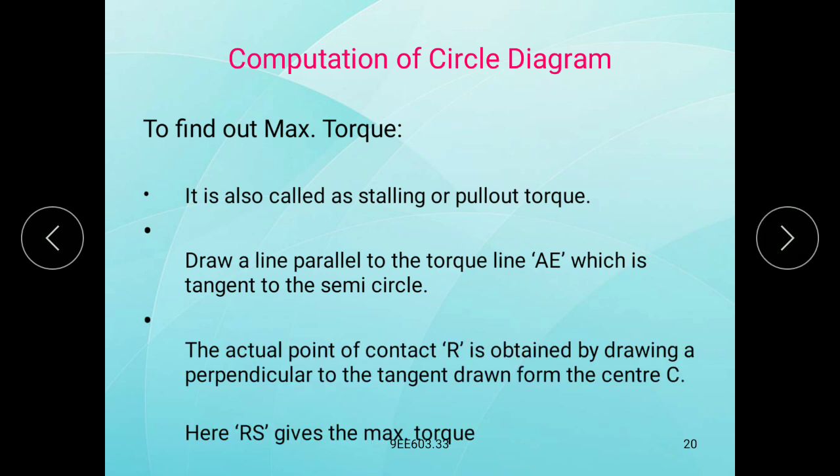The actual point of contact R is obtained by drawing a perpendicular to the tangent from the center C. Here RS gives the maximum torque.